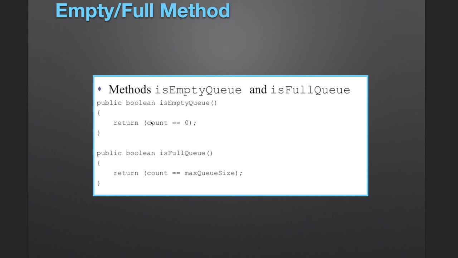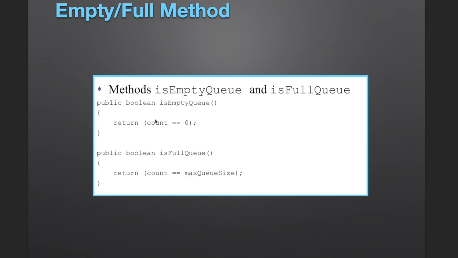Here it doesn't make sense to name it top, but it doesn't matter. You can name it count or counter. So when counter is 0, it means your queue is empty. That's how you check if it's empty or not.